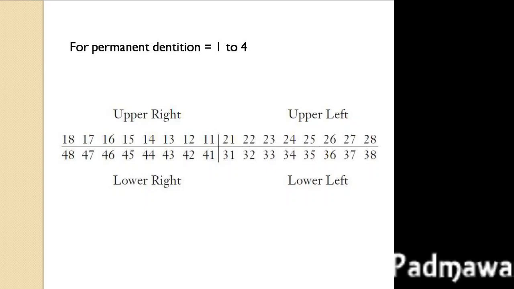Whereas in permanent, we are going to use a first number as 1, 2, 3, 4, and the next number from 1 to 8 will be denoting their positions in the arch.